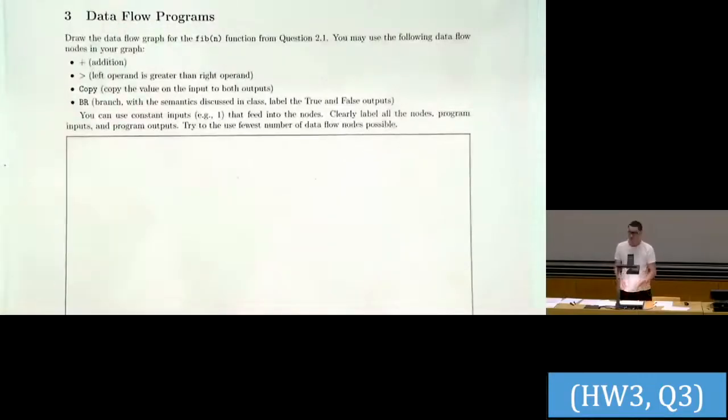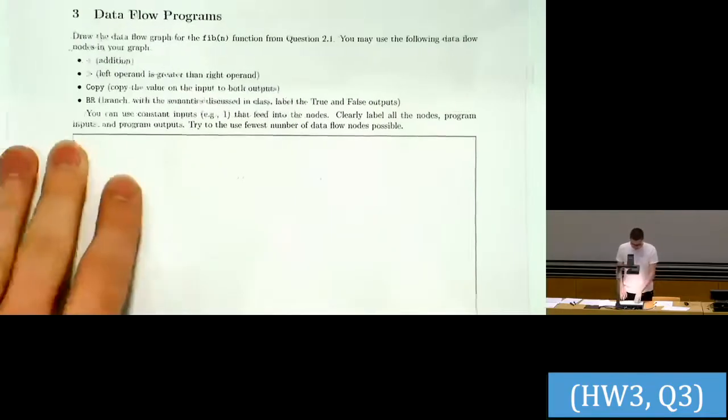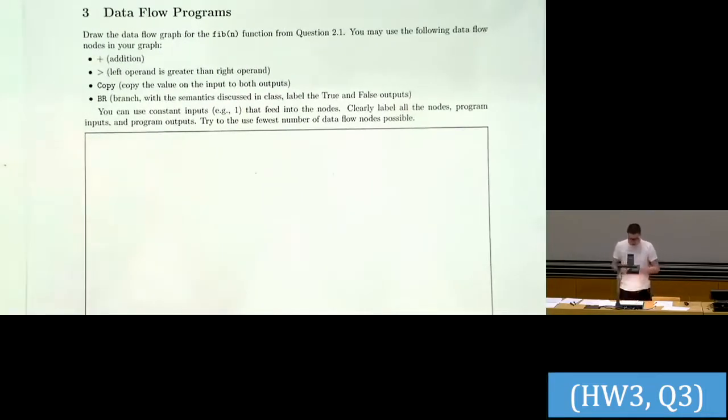It's about Dataflow. Do you remember Dataflow? It was kind of early in the lecture. I don't know exactly which week, but it has been a while. Probably you are not looking at Dataflow machines. So this question asks for a Fibonacci function implementation.